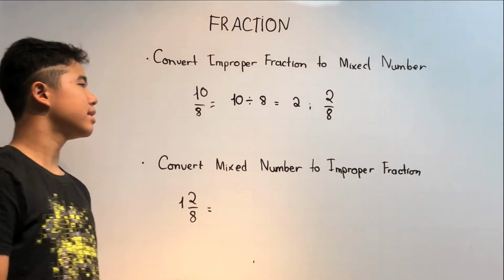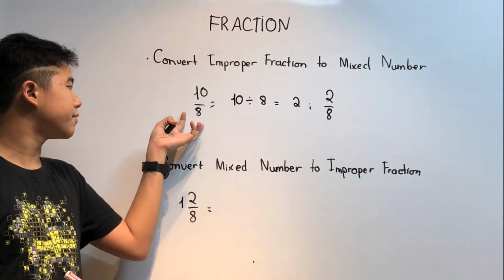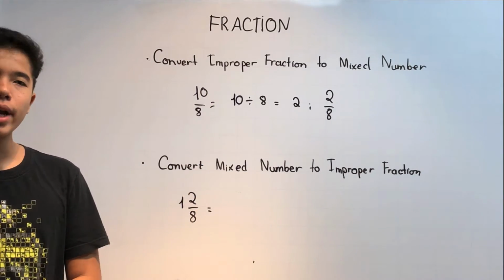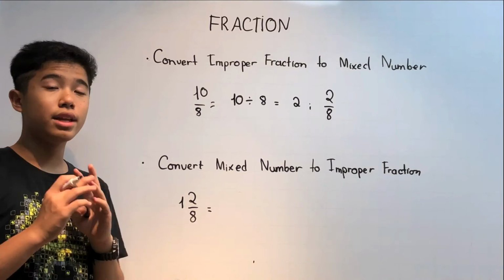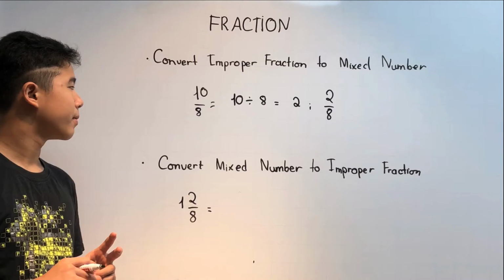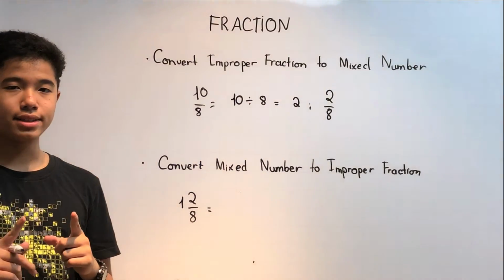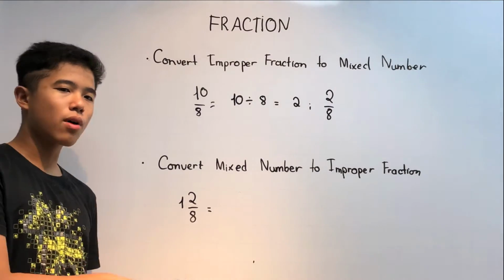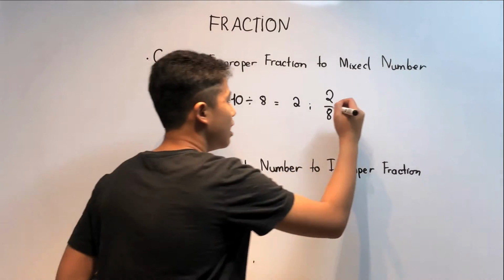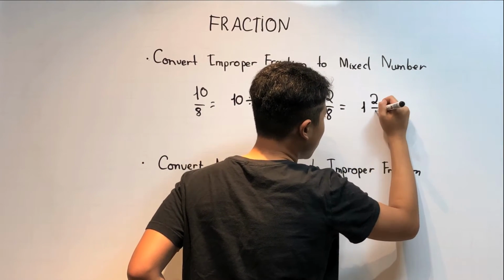Please remember that we always have to keep the denominator. We just change the numerator. The denominator always has to be the same. So 8 goes into 10 once, so we must write 1 in front of 2/8. So the final answer must be 1 and 2/8.